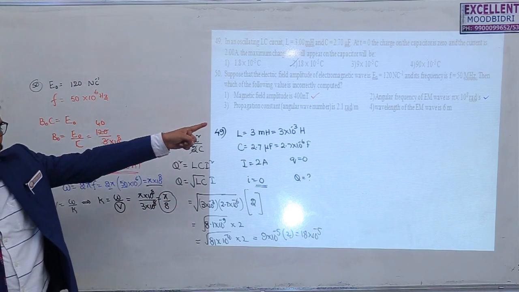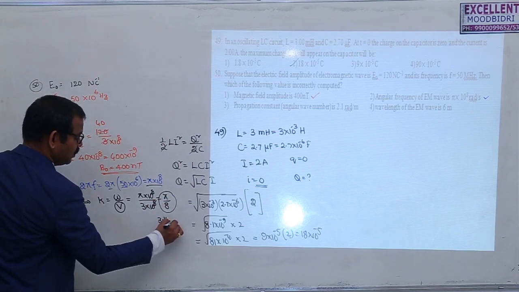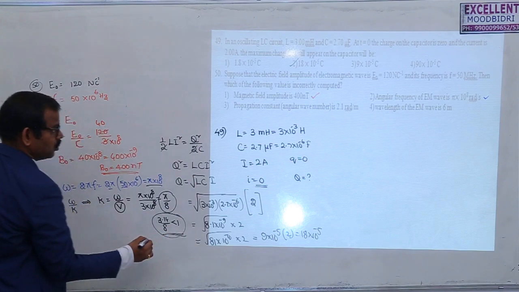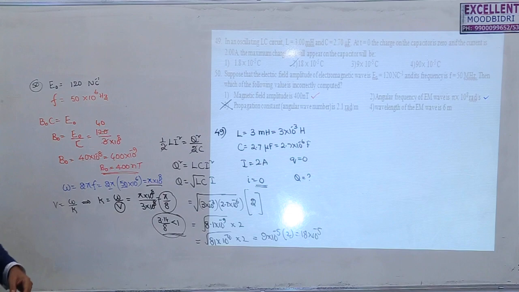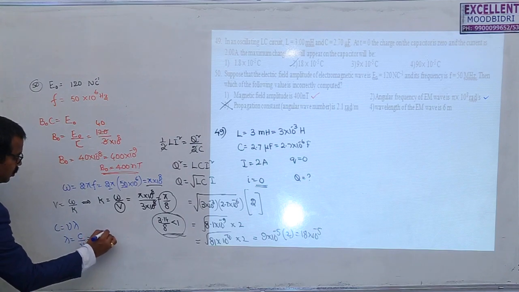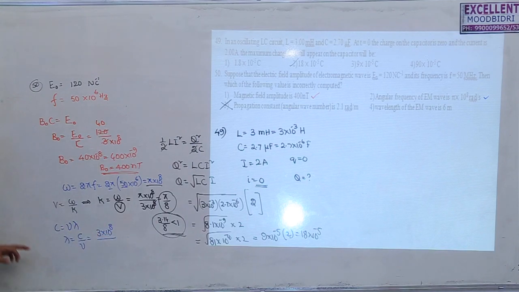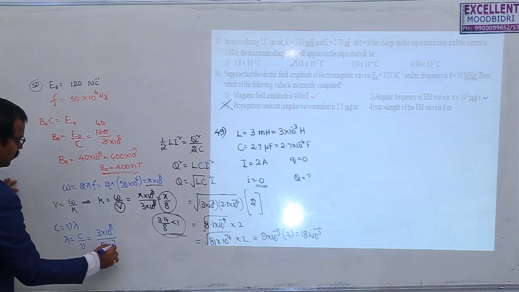But it is given that it is around 2.1, but pi is equal to 3.14 by 8, this is less than 1. So this is the incorrectly computed value, and even if you take the wavelength of the electromagnetic wave, in this case the wavelength is given by c = νλ, so λ = c/ν, that is 3 × 10^8 by the frequency, which is 5 × 10^7.